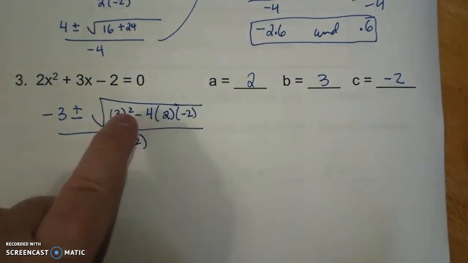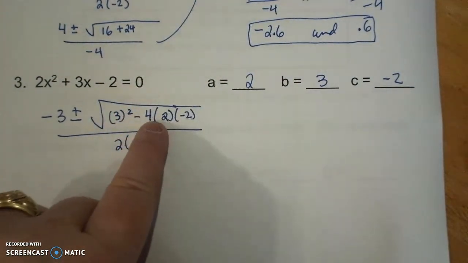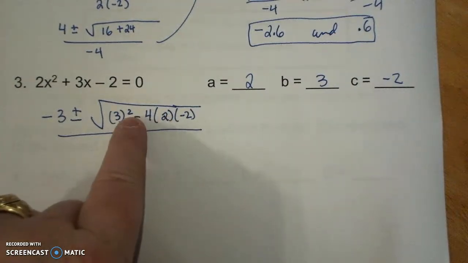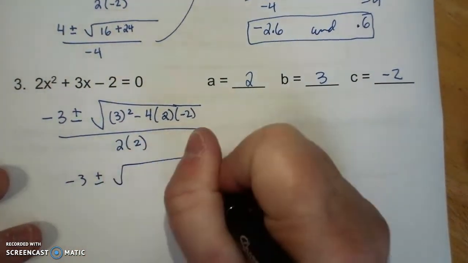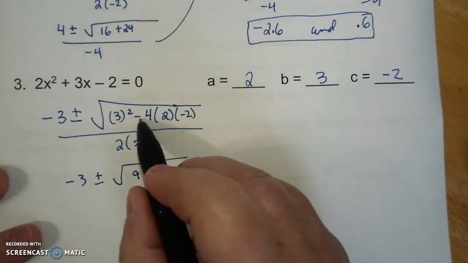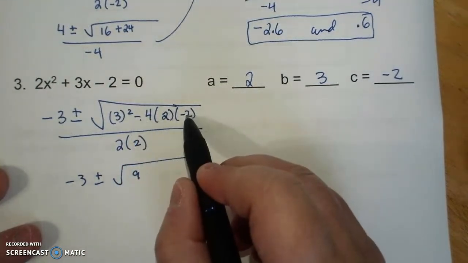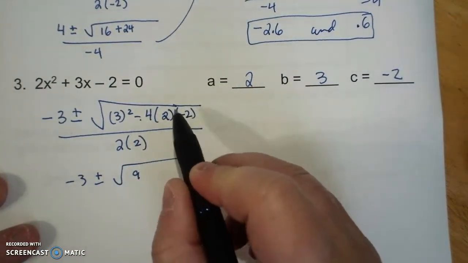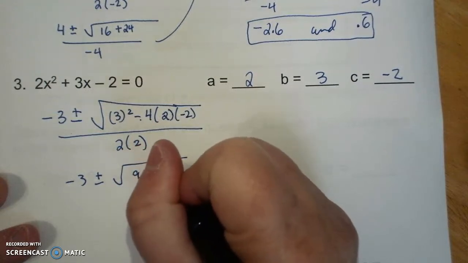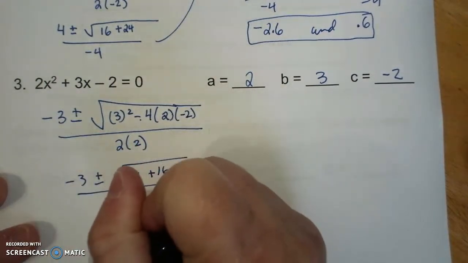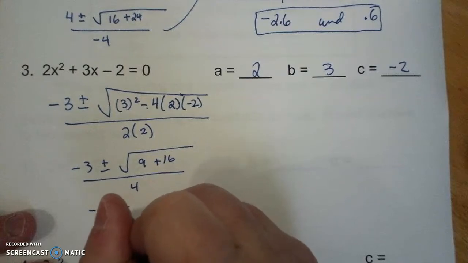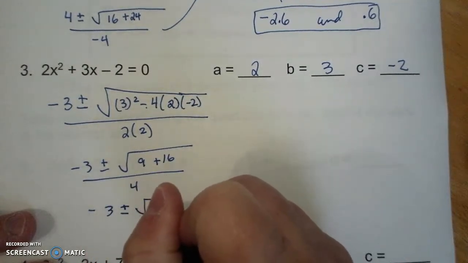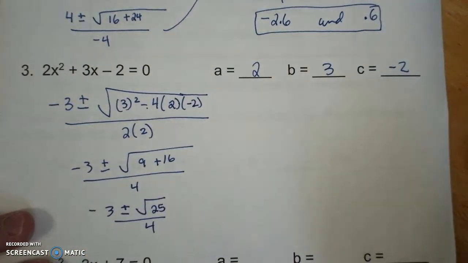Now notice I say minus 4ac, but when I multiply that it's a negative. So I have -3 plus or minus the square root of 9, -4 times -2 is 8 times 2 is 16, all over 4. So that is -3 plus or minus the square root of 25 over 4.